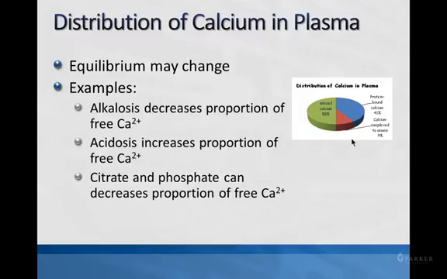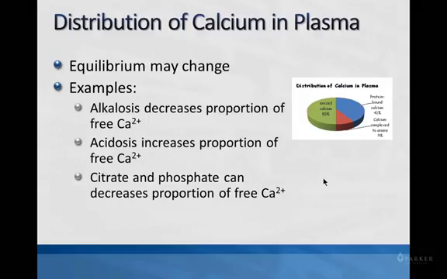One of the things that can affect calcium binding to proteins is acid-base imbalances. And you'll notice I've listed acidosis. If you're acidotic, the calcium binds to the proteins less tightly, and so your free calcium levels will increase.